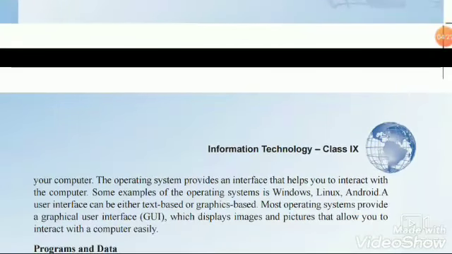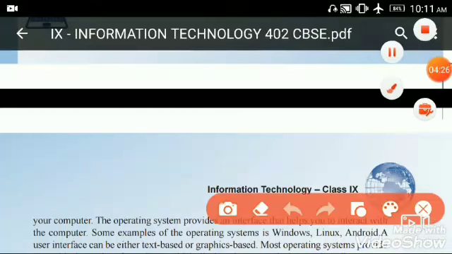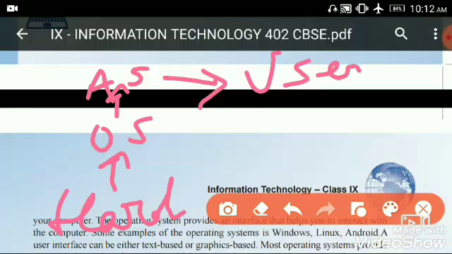So let's see the design of the hardware-software connection. Here I draw something like the connection between hardware and software. So if we say hardware, then operating system, then the operating system interacts with application software, and application software interacts with users.